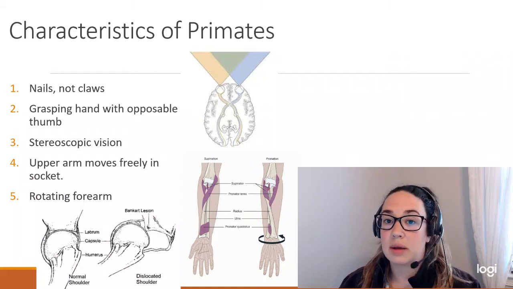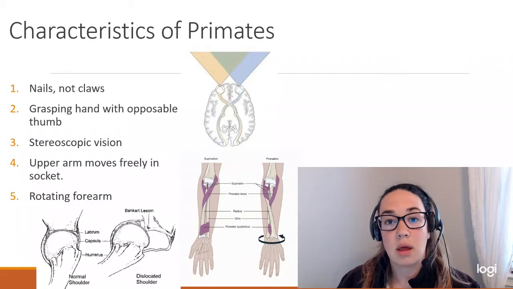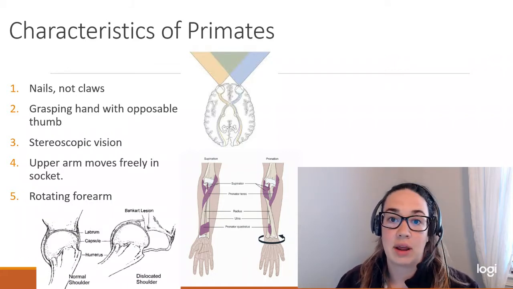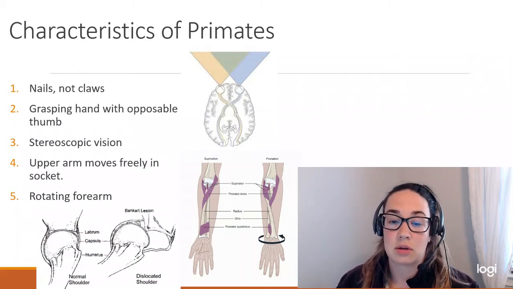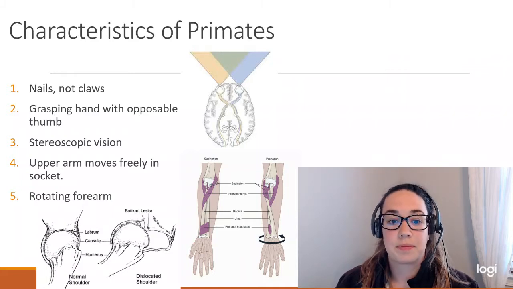So if you look at a primate's hands, you'll notice they have nails and not claws, very similar to what we have, flat fingernails or just slightly curved that grow pretty long but flat. You know, they're not sharp like a cat or dog's nails because they're not necessarily used for gripping the ground as another species would. So characteristic number 1 would be nails, not claws.